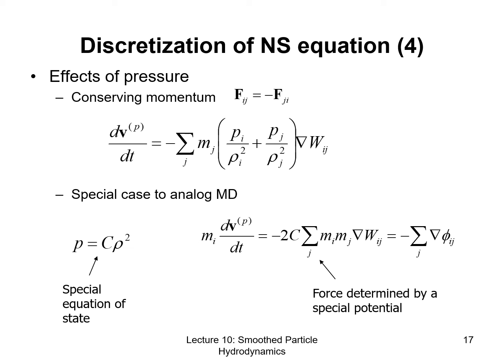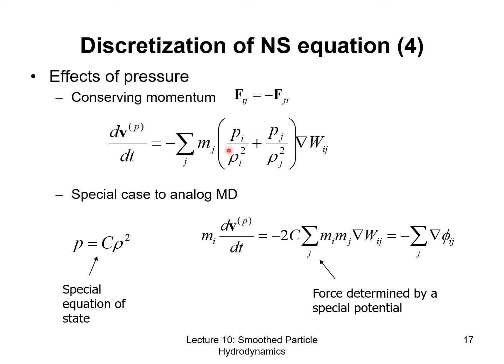Here we give the discretization for the pressure terms. The pressure-induced acceleration is given by the right hand side. With two particles' pressures you get this right hand side, and you can see that with this formulation we satisfy momentum conservation, because if you switch i and j, you obtain the opposite force.